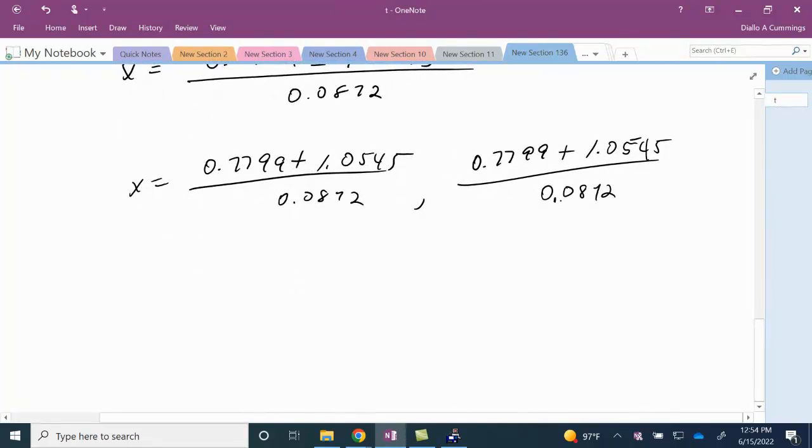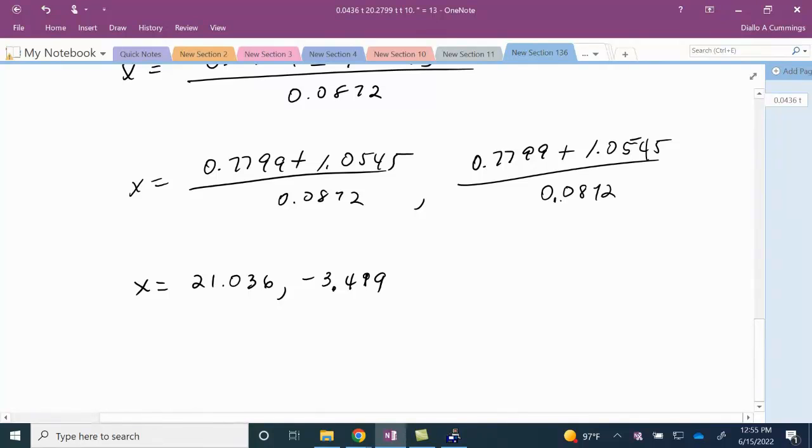So once we simplify, we have x is equal to 21.036. And we also have that x is equal to negative 3.419.